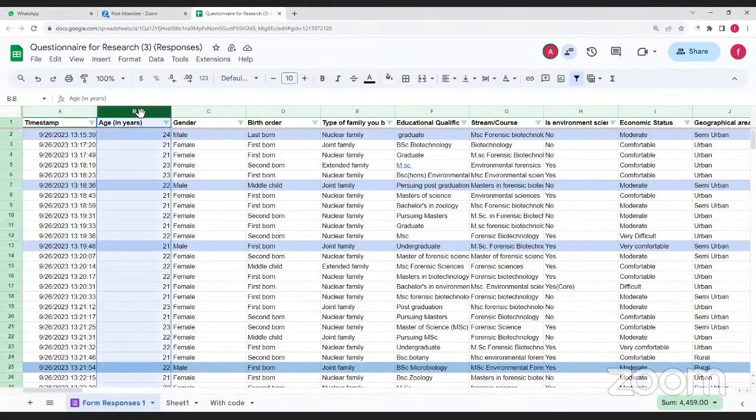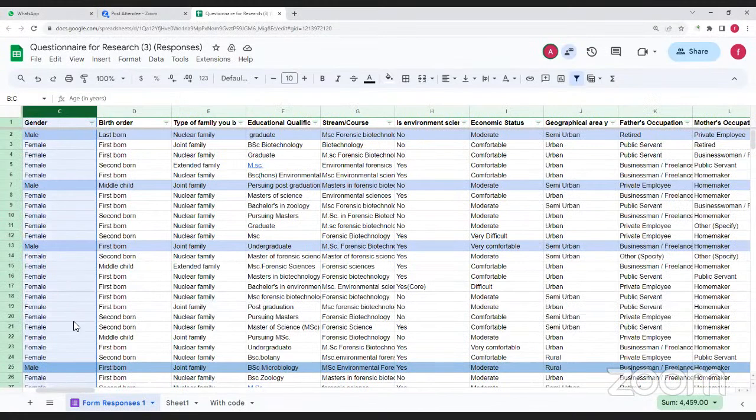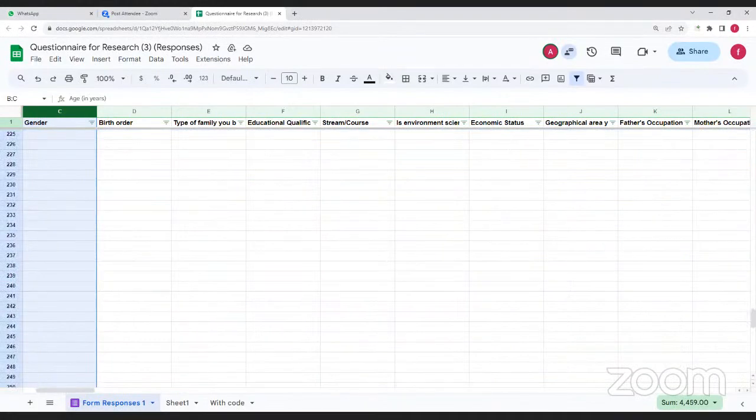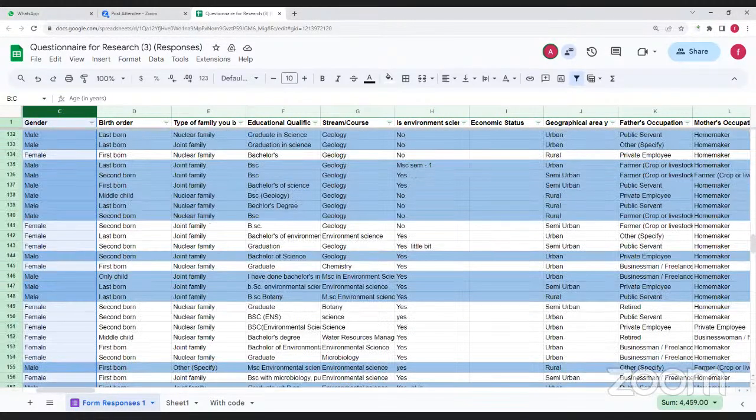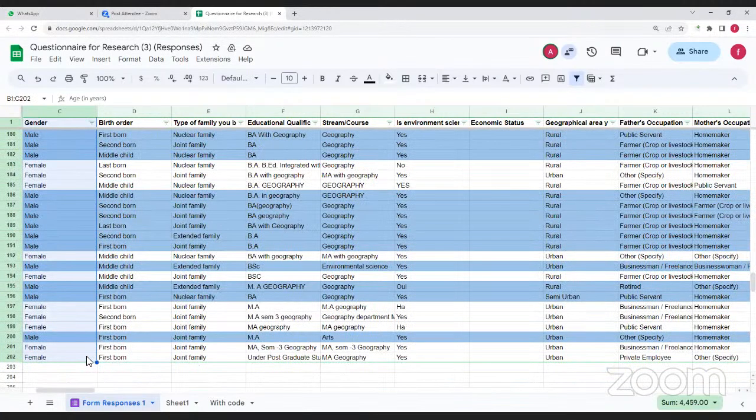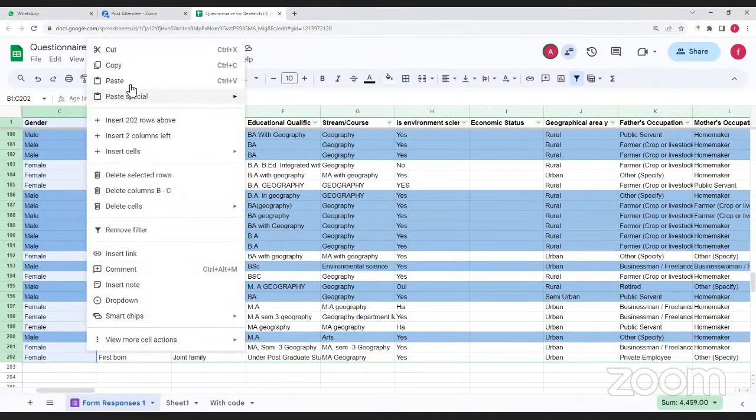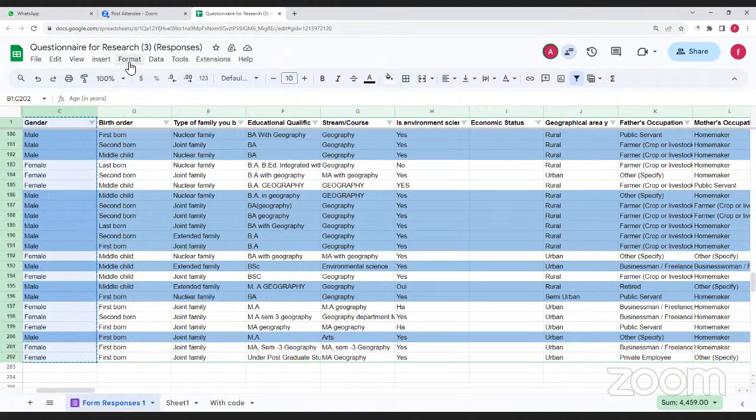Okay, but at least I get one metric data. Another one is the categorical data. Yes, sir. So age is the metric data. And ma'am, you can go to the categorical data sheet. In the with code sheet, you can filter male and female and code it.